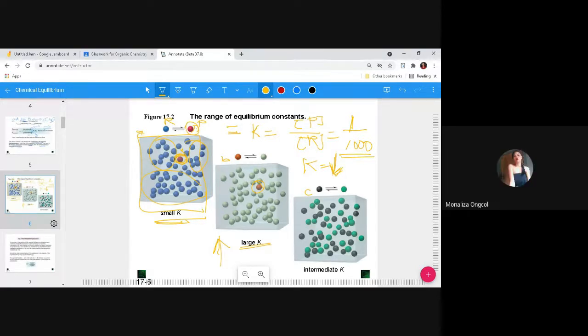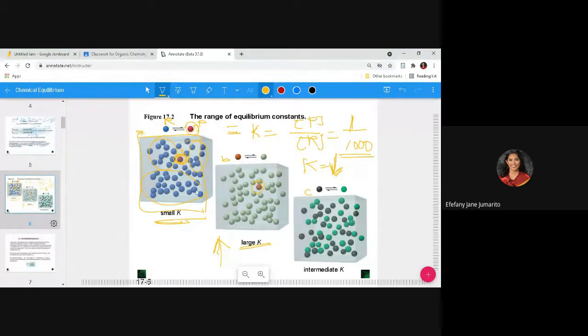It is balanced, it is 1 or approximately 1. So our direction neither favors the reactant nor the product.